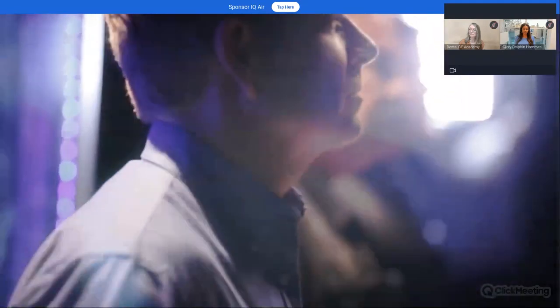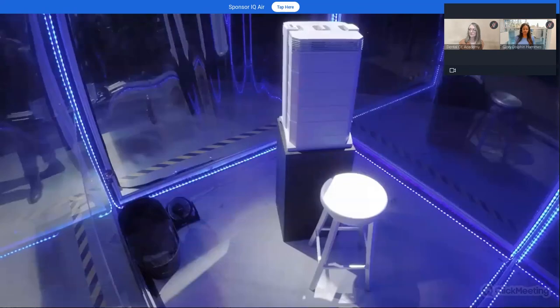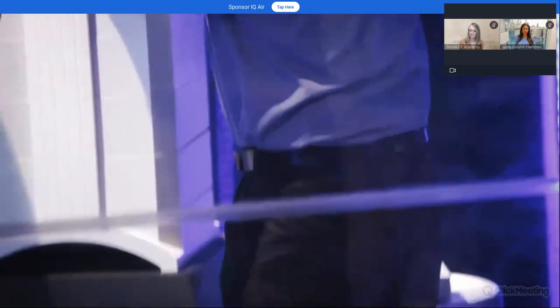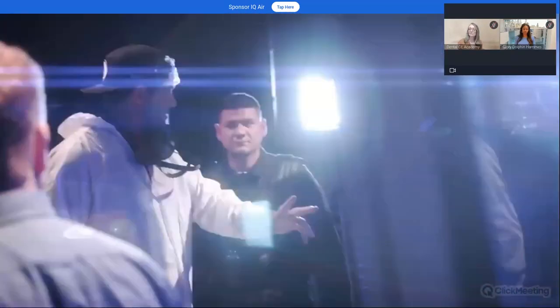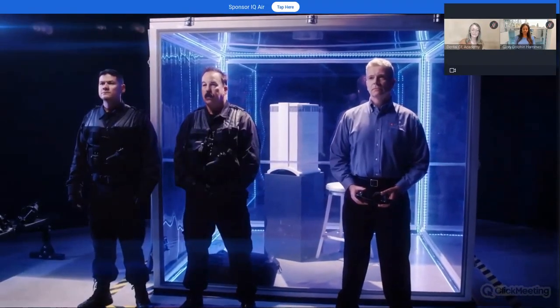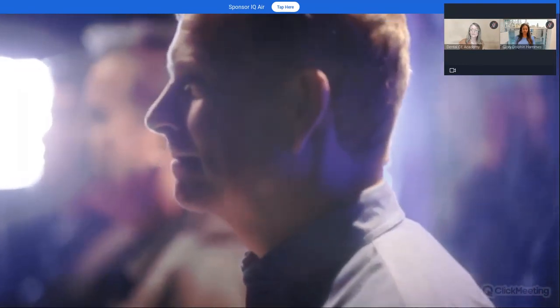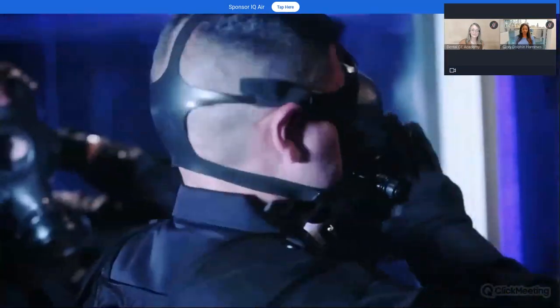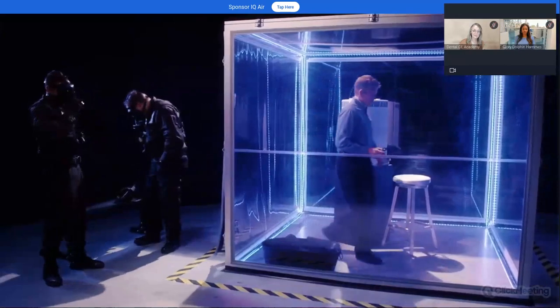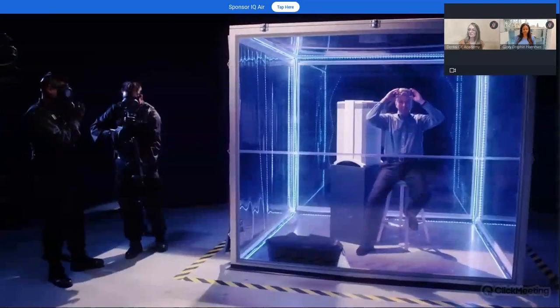IQAir President Frank Hammes is about to step into this specially designed chamber to personally prove the effectiveness of the IQAir Health Pro Plus. We have 2 officers here to ensure the grenades are properly fired. Now, obviously, this is a demonstration you don't want to try at home. We're about to release noxious smoke and chemicals into this chamber.